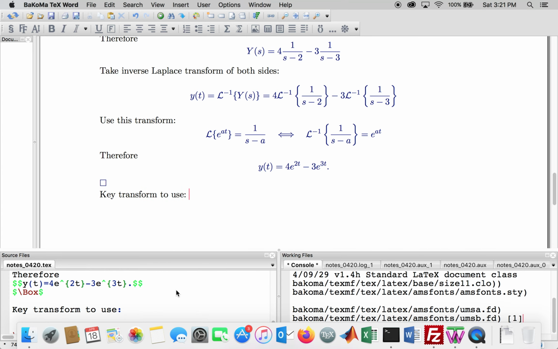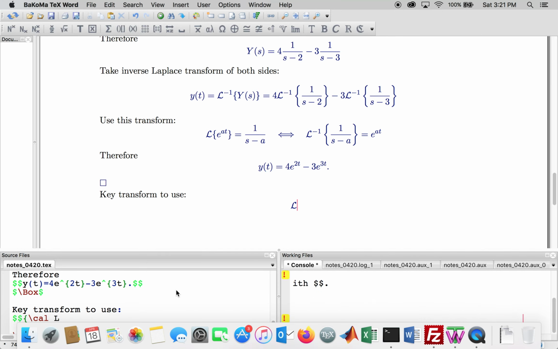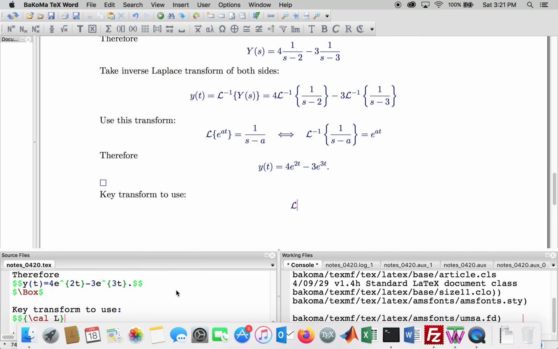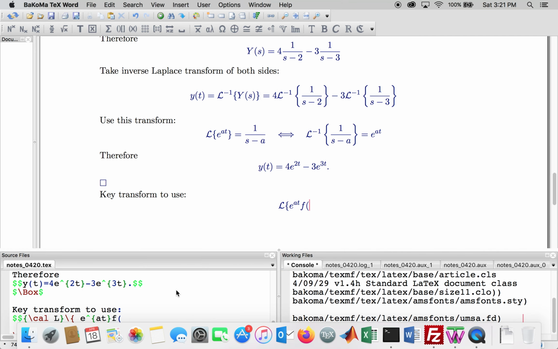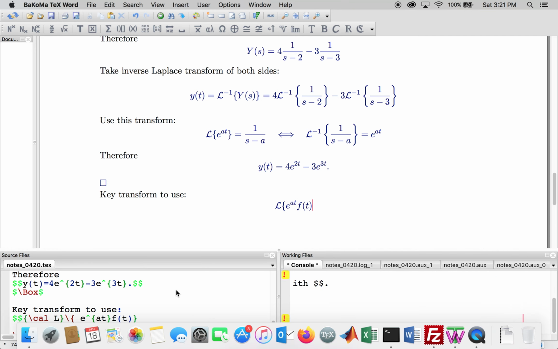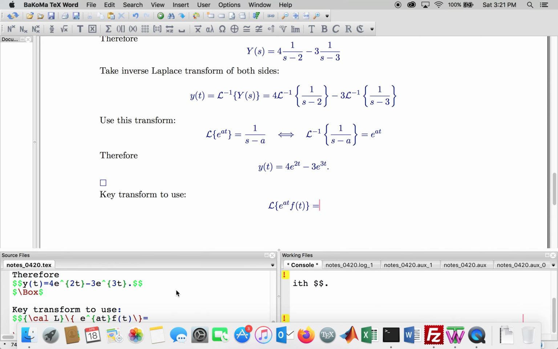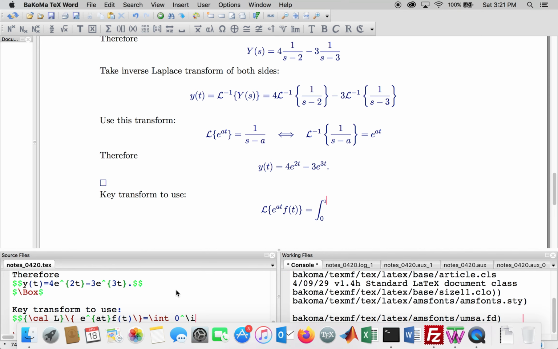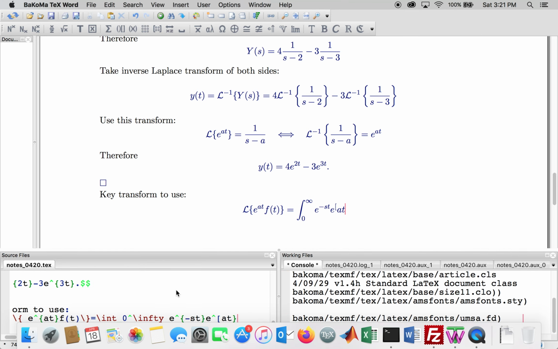One Laplace transform that will be very useful to us is the Laplace transform of e to the at times some function of t. Based on the definition, that would be the integral of e to the minus st, e to the at, f of t.